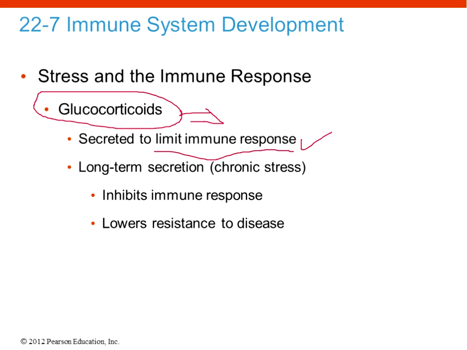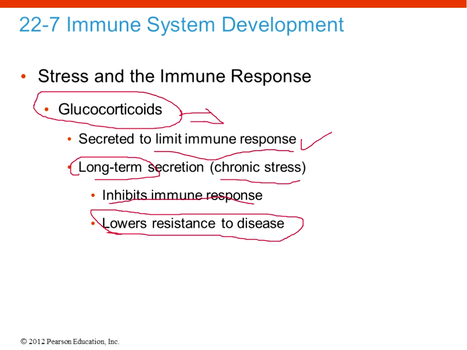That's why it's a cream that you can rub on your skin to limit inflammation or hives or things like that on your skin, right? Because it limits the immune response. Well, that goes across the board. So long-term stress or long-term secretion of glucocorticoids, as a result of chronic stress, can inhibit the immune response and then lower resistance to disease.